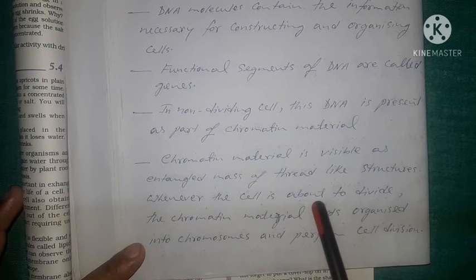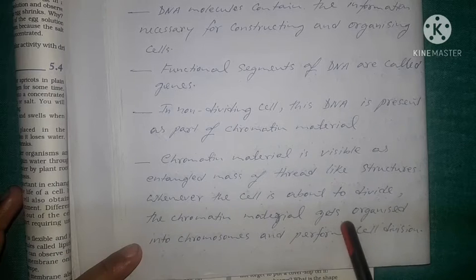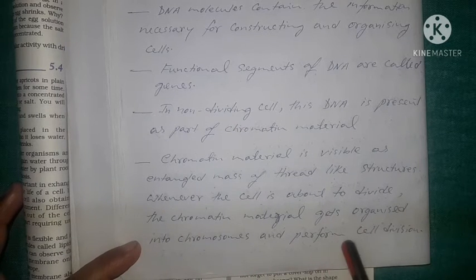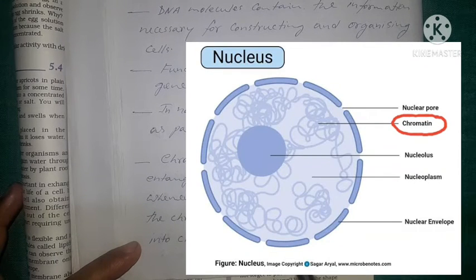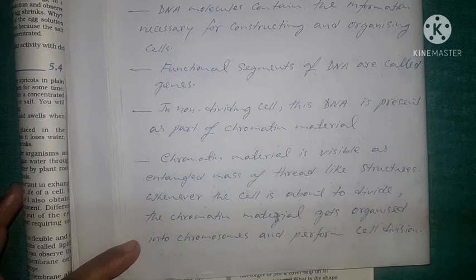Whenever the cell is about to divide, the chromatin material gets organized into chromosomes and performs the cell division.